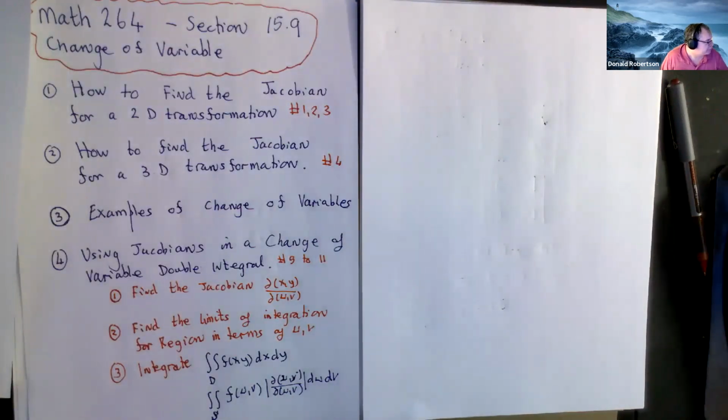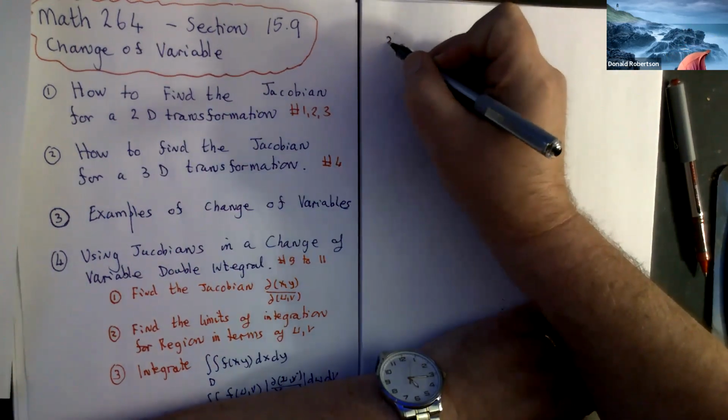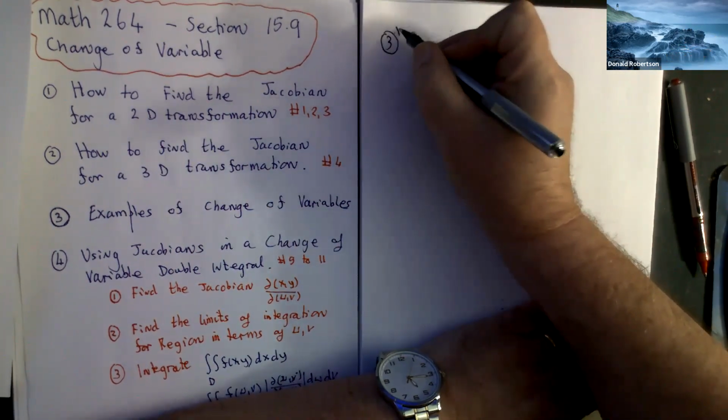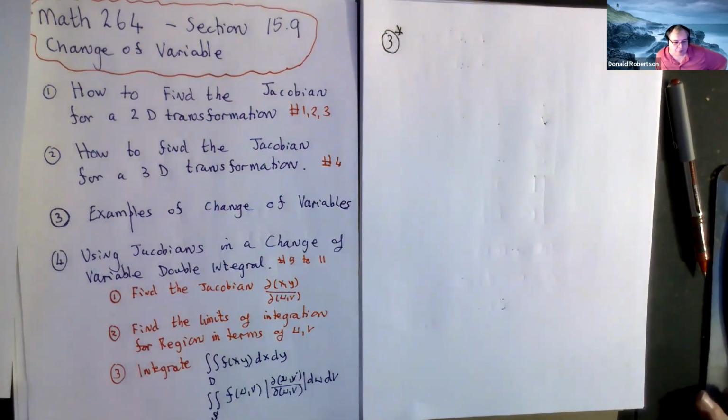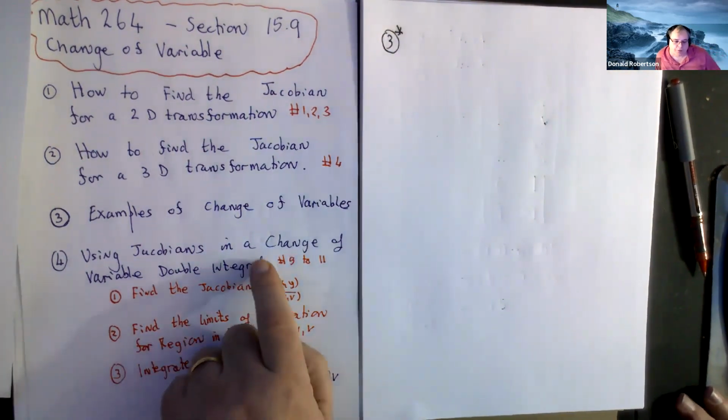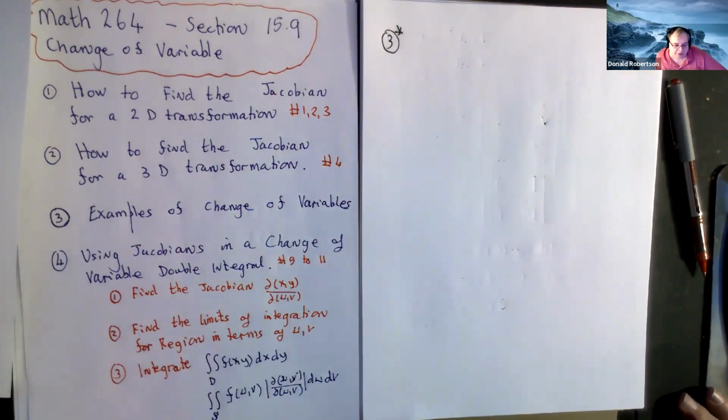Let's try a version of 3. Oh, by the way, right now, I haven't told you any reason at all why you need to find this thing called the Jacobian.